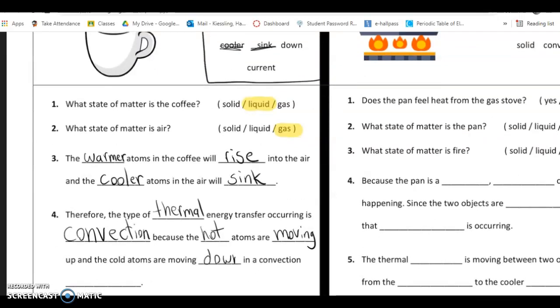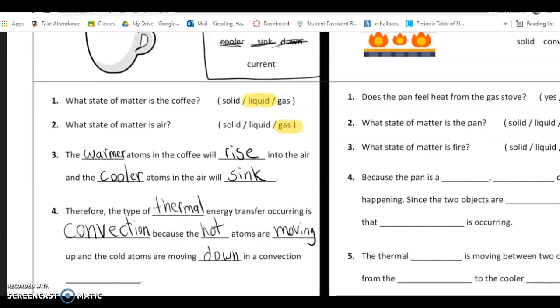In a convection blank. Someone I haven't heard from yet. I heard from all of you guys. Harvey? What's our last word? They're moving. Hot atoms are moving up and cold atoms are moving down in a convection blank. Esmeralda? Current. Yes, thank you. And now we're ready to move on to the next one.